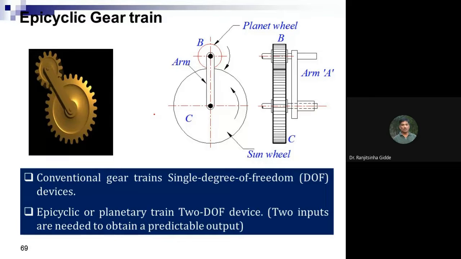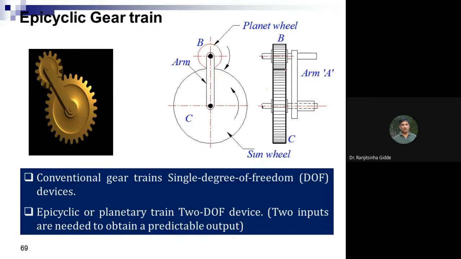Whenever a circle rolls around a fixed circle, from the outside of the circle, on the circumference, whatever curve we get, that is epicycloidal. In the same way, this is the fixed gear which is mounted on a fixed axis, on which this gear is going to roll like this. Therefore it is called an epicyclic gear train.